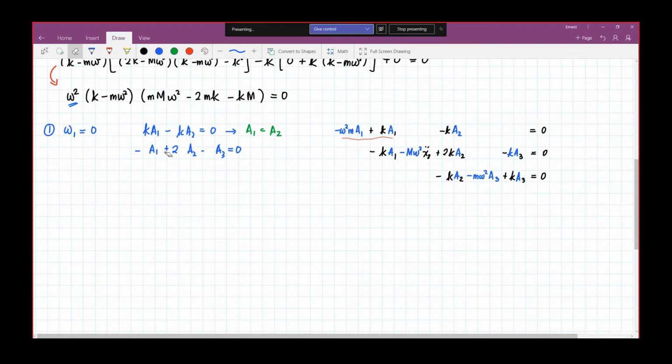A1 is equal to A2, so this is A1. This is A1 minus A3 equals 0, or simply A1 equals A3.